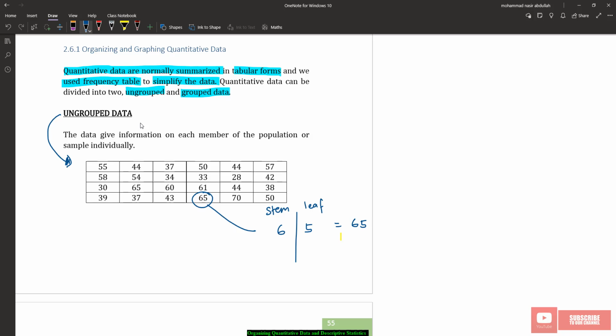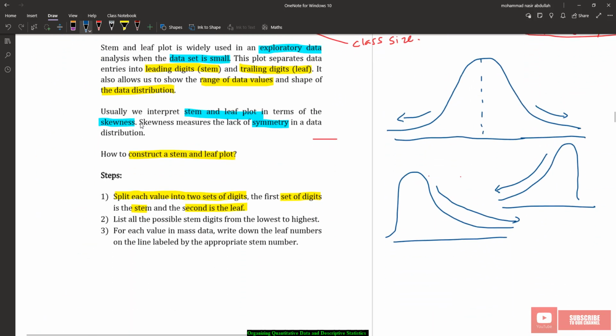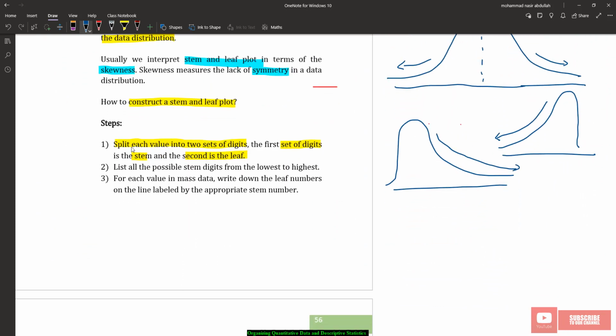This is how we split the data. The first step is to split the value into two sets of digits, stem and leaf. In the earlier example, 65 is equal to 6 and 5, where 6 is the stem and 5 is the leaf.